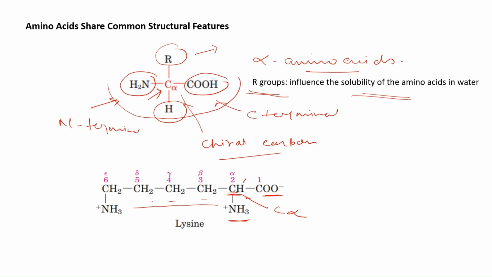So if we talk about numbering, then the carboxyl end is carbon number 1, the alpha carbon is carbon number 2, and from carbon number 3 it is present in the R group. Similarly, if we want to label it as alpha, beta, gamma, then the alpha carbon is the carbon to which the carboxyl group, amino group, and H are attached, and the rest, beta, gamma, delta, are present in the R chain. So this is how the carbons of an amino acid are numbered or labeled.